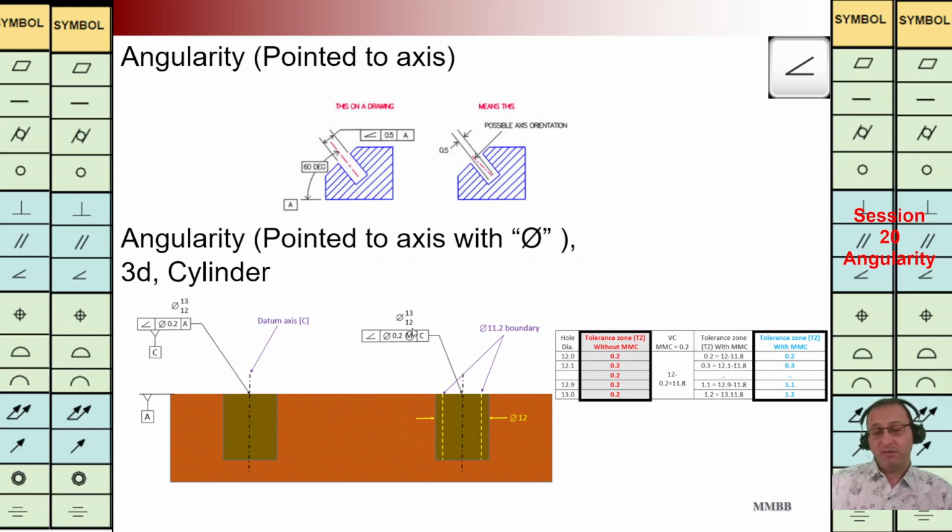Whenever we have a hole diameter of 12, the TZ is 0.2. For other hole diameters, we can calculate the value of the TZ by subtracting the MMC condition from the actual diameter. We have dynamic tolerance here, which we can see in blue color.